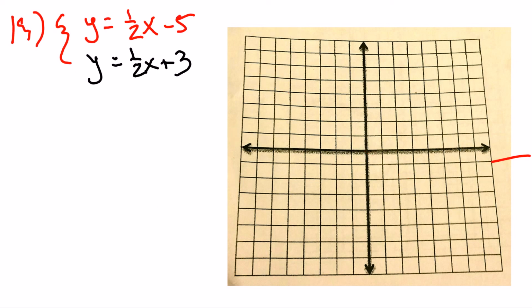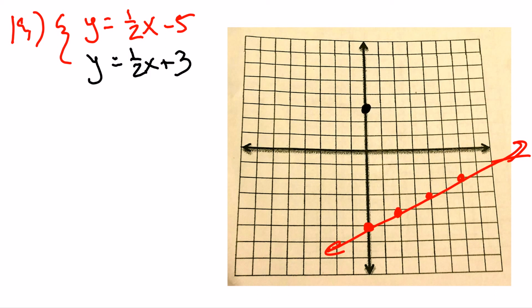All right, so 19, I'm just going to use slope-intercept form, so I'm going to go for the red line. I'm going to go down to negative 5, put a dot. I'm going to go up 1 over 2, up 1 over 2, up 1 over 2. For the black line, I'm going to start at 3.